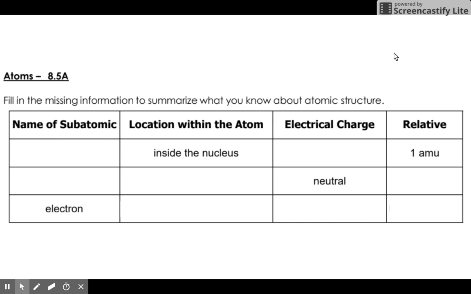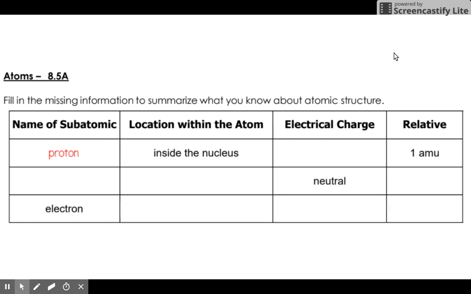The first thing that I'm going to think about is a proton. And if I look at the other information that's provided, I know that the first one cannot be the neutron because it's not showing the neutral electric charge in that row. So I know that the first answer is going to be proton because it is inside the nucleus.